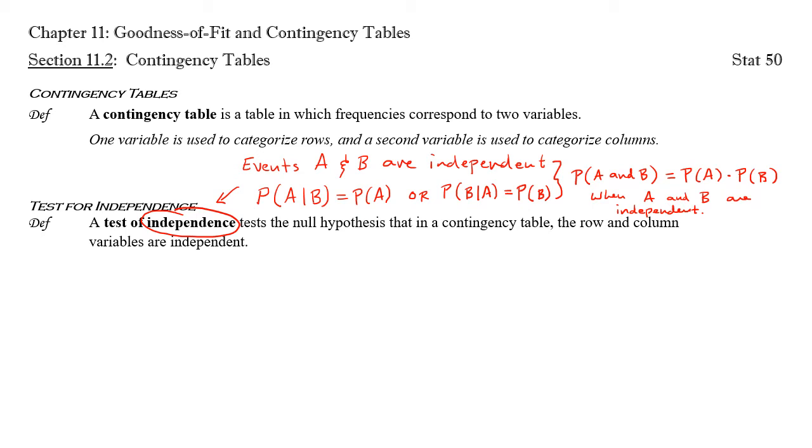Maybe here, before we move on to the next slide, it might be good to think of a simple example. So consider the case where I'm taking a sample of people and I'm asking them two questions. Are you a Democrat? So the answer will either be yes or no. And are you under the age of 30?